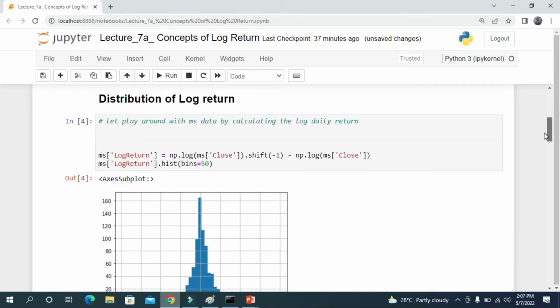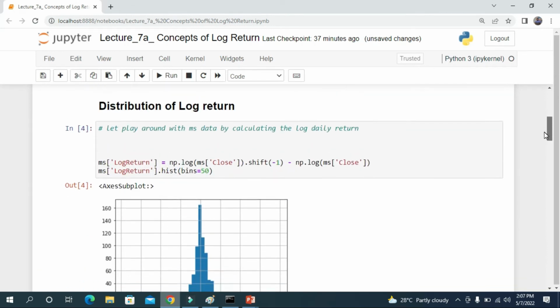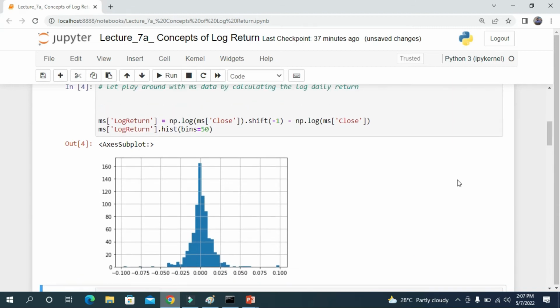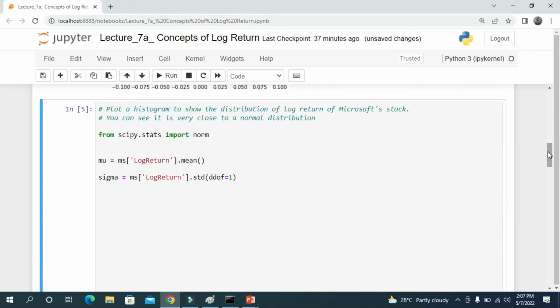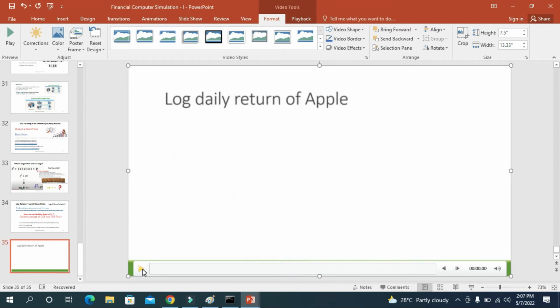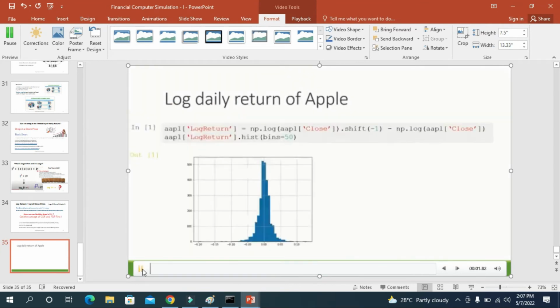You can see we have shown the distribution of the logarithm, and it is near to a normal distribution. I have done it for your satisfaction. Now I'm moving towards another cell and its explanation.